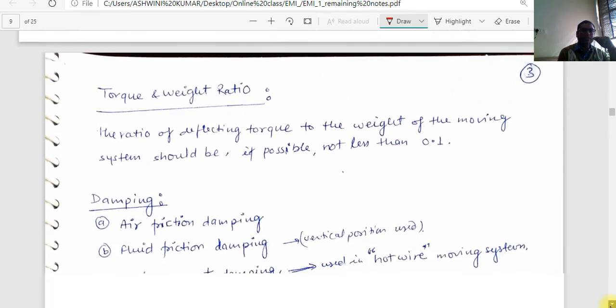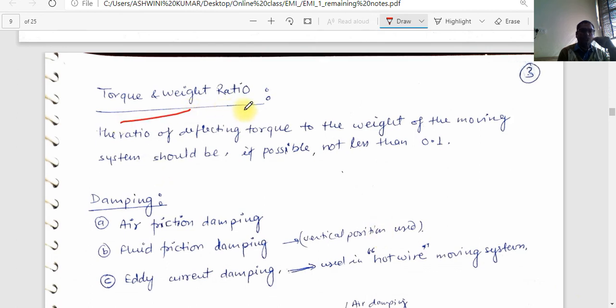For the torque to weight ratio, the ratio of deflecting torque to the weight of the moving system should, if possible, be not less than 0.1. Then there is damping.